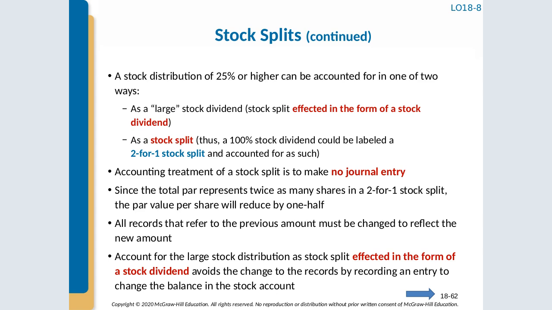That's a 100% stock split. And for a stock distribution that is 25% or higher, remember the stock dividend? We said if it's less than 25%, then we're going to use market price. If it's 25% or higher, then we're going to use the par value of the stock.